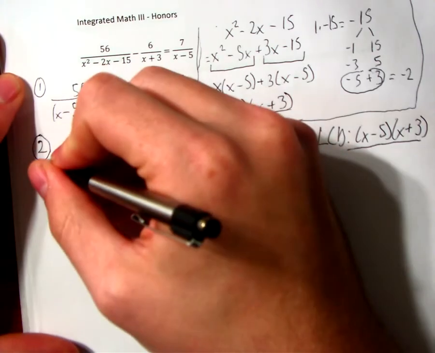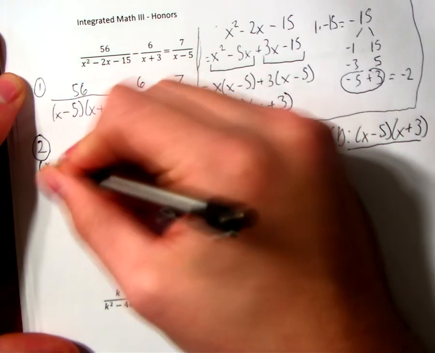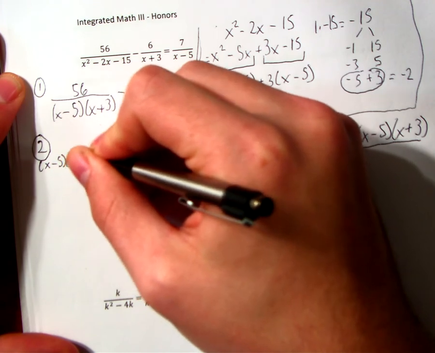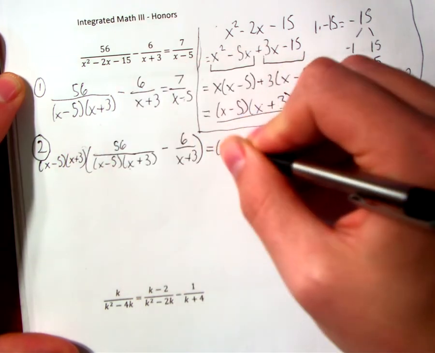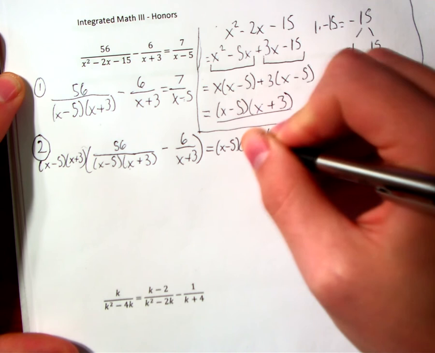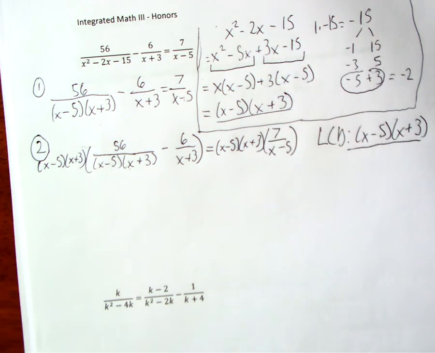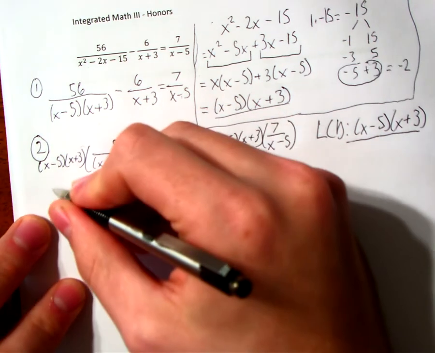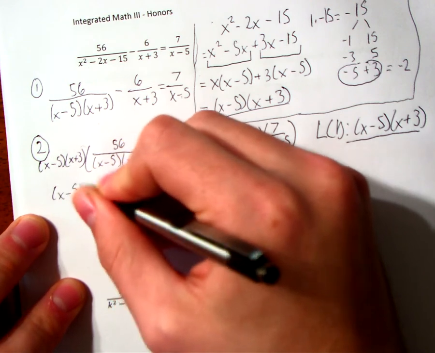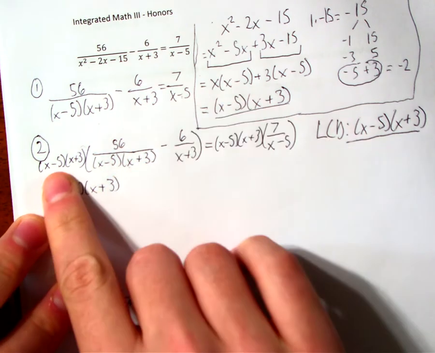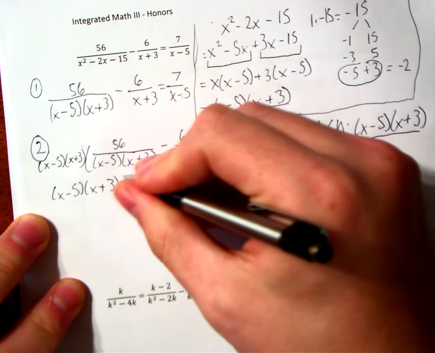So let's multiply both sides by the least common denominator, x minus 5 times x plus 3. Now I'm going to distribute that into both sides of my equation. x minus 5 times x plus 3 is going to distribute into my first rational expression, so that times 56.